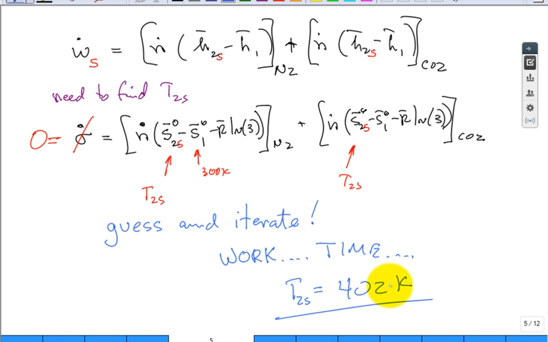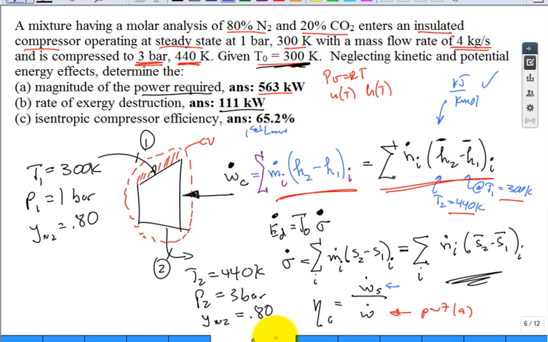Okay, then you get the enthalpies at 402. Now you can calculate the reversible work. Then you take the ratio, that's a typo. It's about 72 point something, 72.5-ish, in that vicinity, okay? 72.5%.